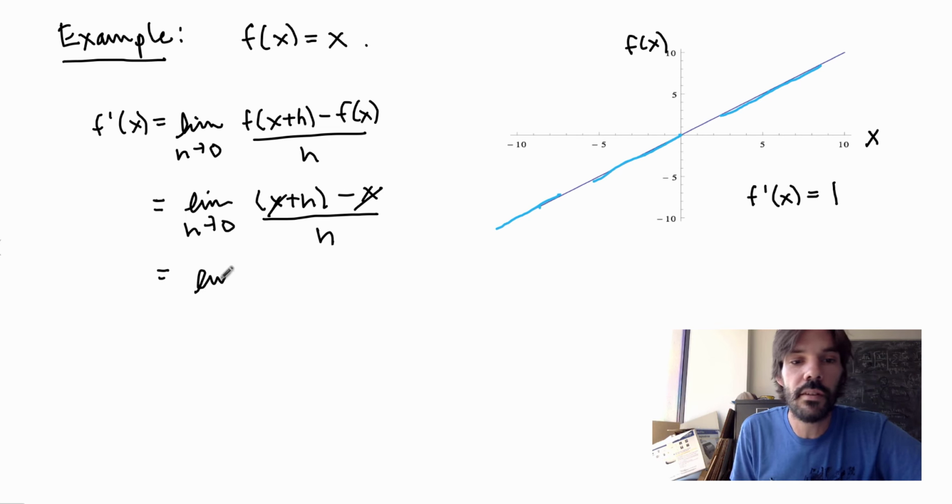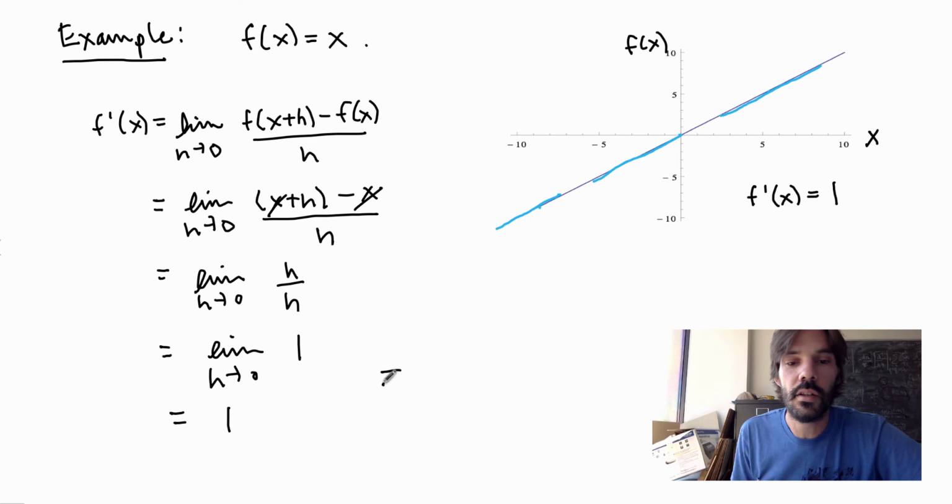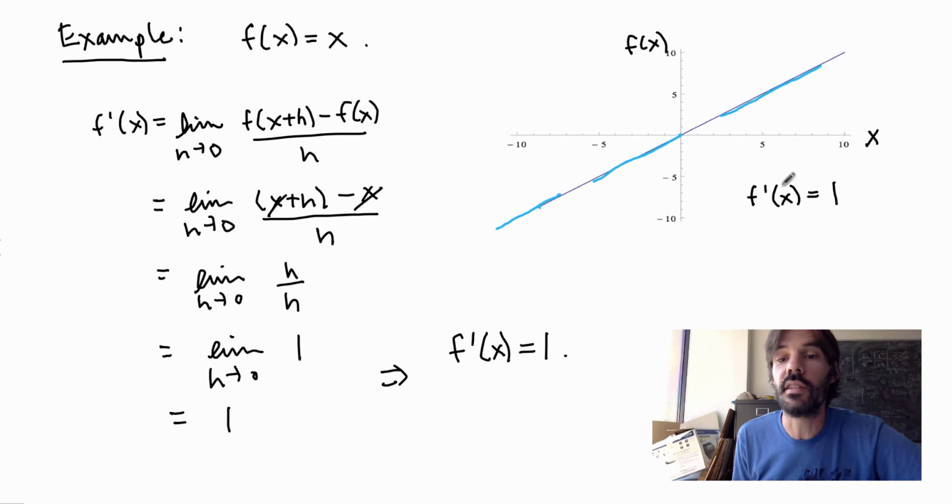So I get the limit as h goes to 0 of h over h. Here, h over h is just 1, right? h is not exactly equal to 0 because I'm taking a limit, so I can just do that without trouble. I get the limit as h goes to 0 of 1, which is indeed just 1. So the result is that my derivative function is just 1, exactly like we could see from the geometric picture. So that all makes sense.